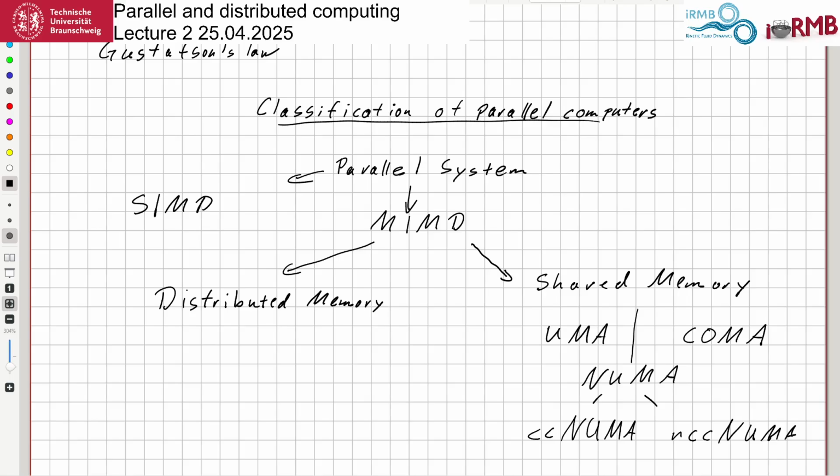And then in the distributed memory world, we have something called massively parallel processor. We have something called network of workstations. This is something that you can do now because you always have networks and workstations, so you can put them together.